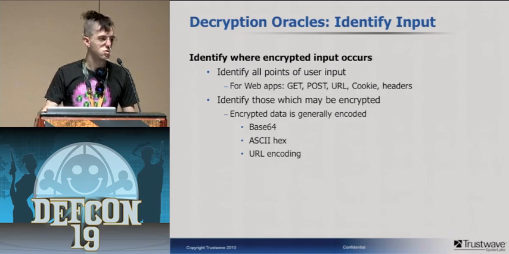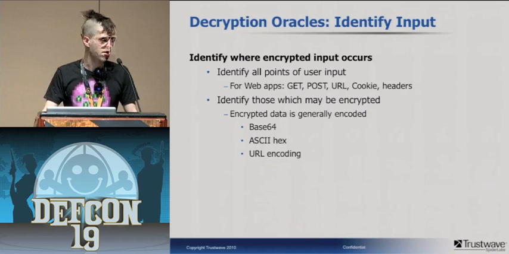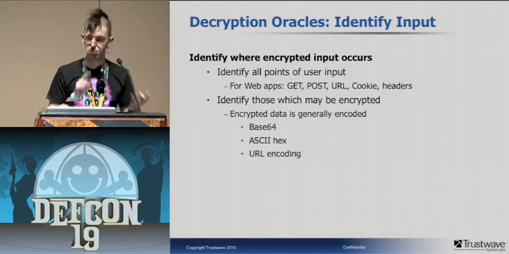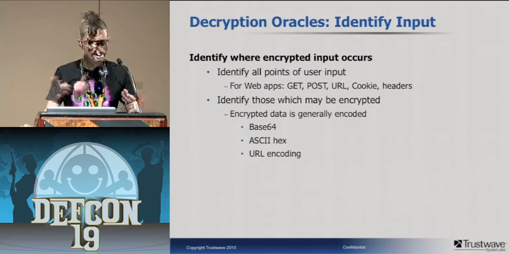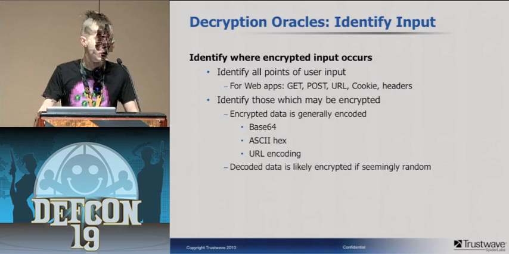So now let's talk about how you can find oracles in web applications anyway. First thing you're going to want to do is to try to identify input. Now when we're trying to identify oracles, it's easier for us to identify encrypted data. It's a lot easier to find than data that's going to be encrypted, because how can we tell?